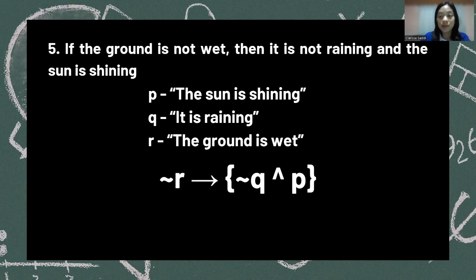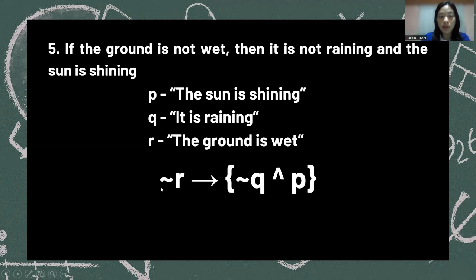So for the first part of the statement, let's discuss first the negation or the not connective in the letter R. Since the original statement of R differs from the statement stated in the example, the original statement is the ground is wet, and for the example statement, we already have the not word.